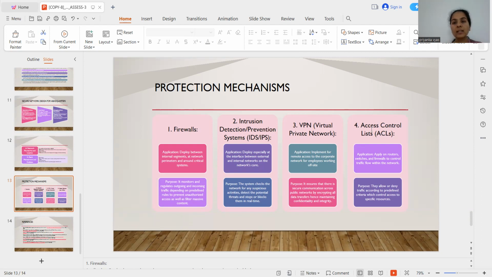Fourth one, access control lists, applied on routers, switches, and firewalls to control traffic flow within the network. Their purpose is to allow or deny traffic according to predefined criteria, which controls access to specific resources. Thank you.